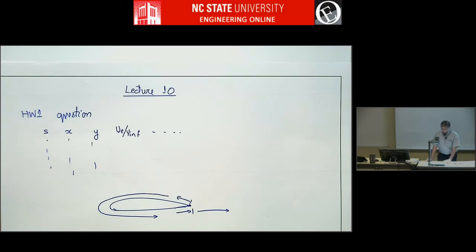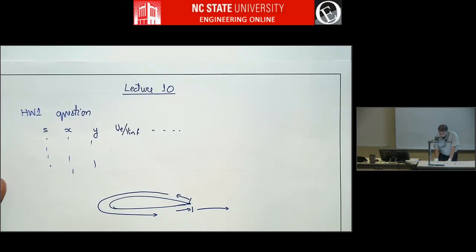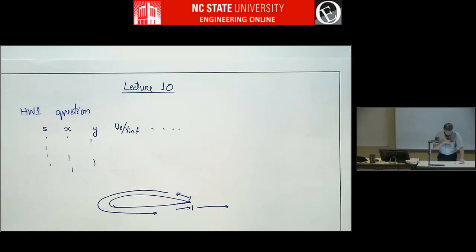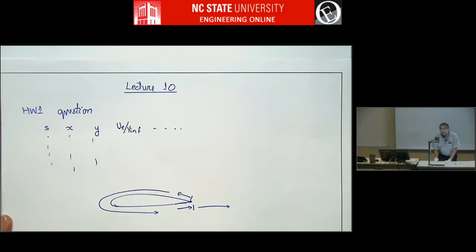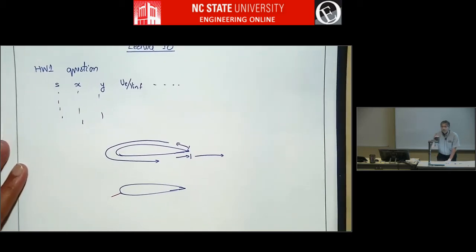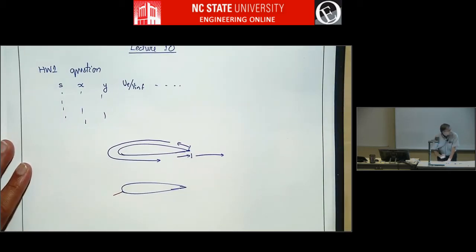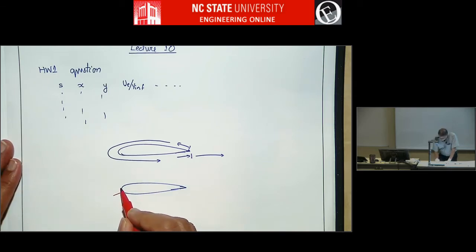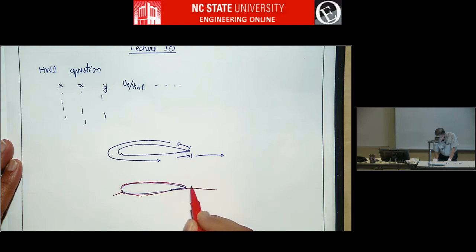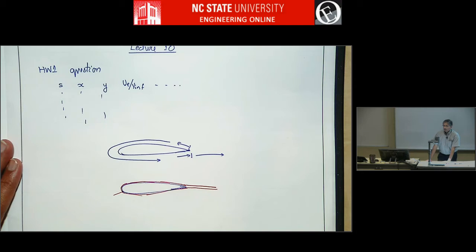That will happen for the viscous files. The inviscid files will stop here, but the viscous files have data not only for the boundary layer but also for the wake. So if I draw the boundary layer, you have boundary layer data going all the way here on the upper and lower surfaces, and then there is a wake, and the data files have the wake data as well.